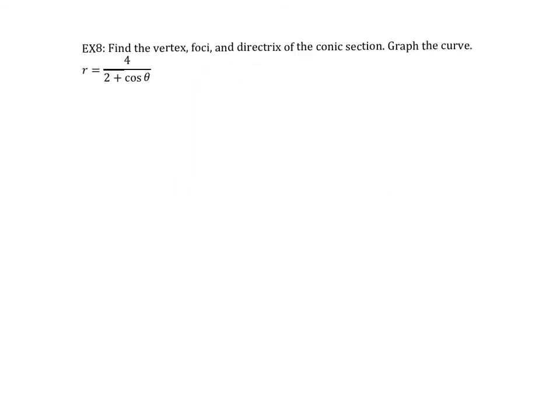So let's apply what we looked at in the box. If I look at this polar equation, it's with cosine. It's not quite in the correct form because remember it was supposed to be a 1 plus e cosine theta. So let me first write this in the correct form where there's a 1.